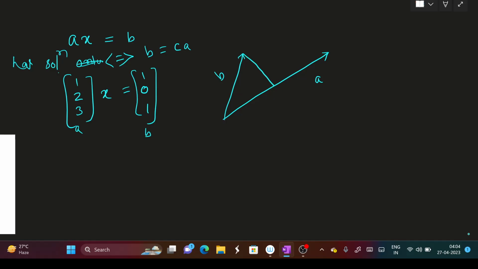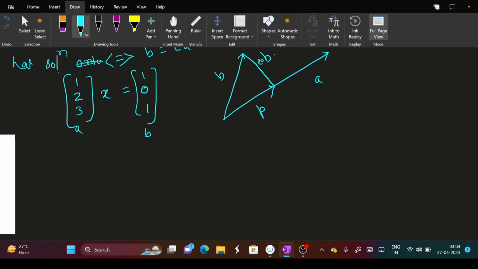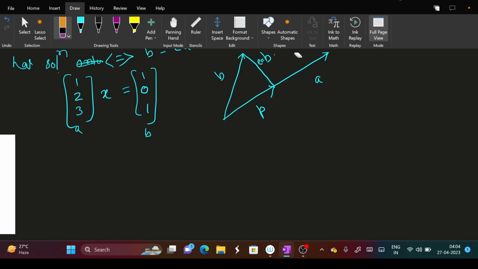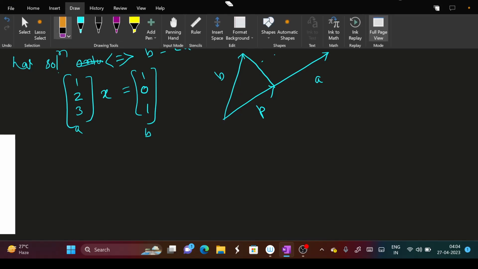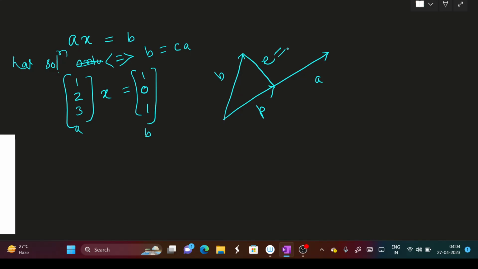So this is my p vector which is along a, and this difference is the error e, which is equal to b minus p. This is my error vector.